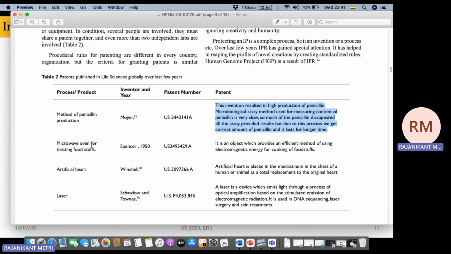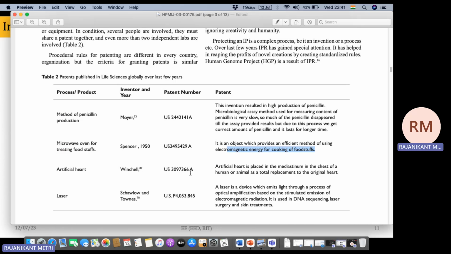Also, we can see another example, that is a microwave oven for treating foodstuffs. This was invented by Spencer in 1950, and this is the patent number. Microwave everyone knows, but this is in the 1950s. So at that time the description would have been: it is a device which provides an efficient method of using electromagnetic energy for cooking foodstuffs, to keep the food hot and fresh.